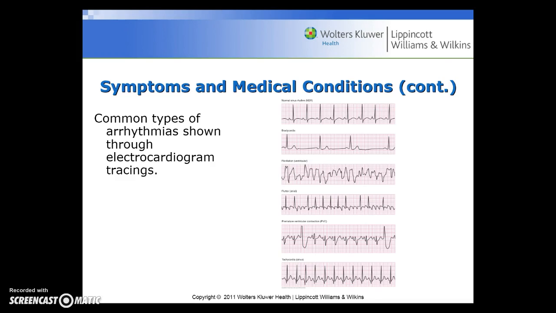Atrial flutter is a rapid, regular muscular contraction. Premature PVCs, premature ventricular contraction, is an early contraction of the ventricles. And tachycardia, there is a sinus tachycardia.